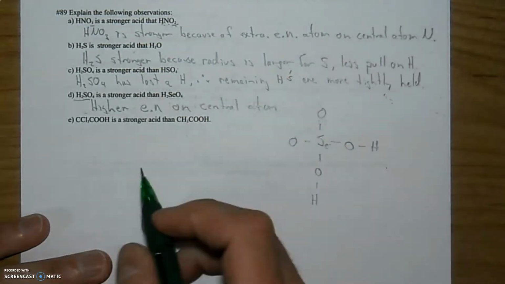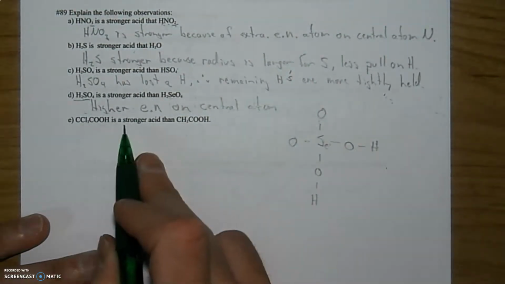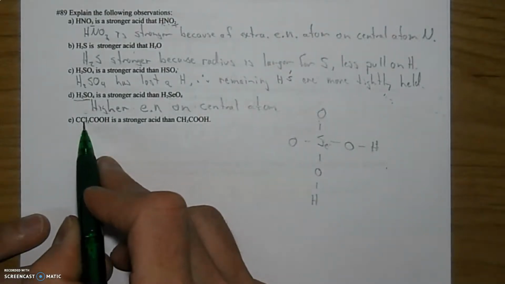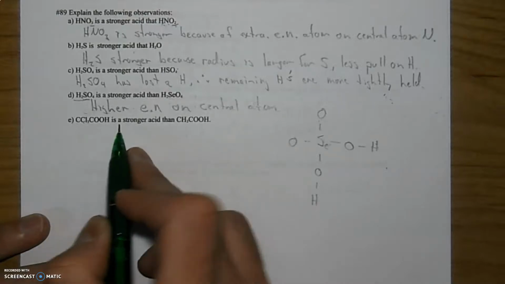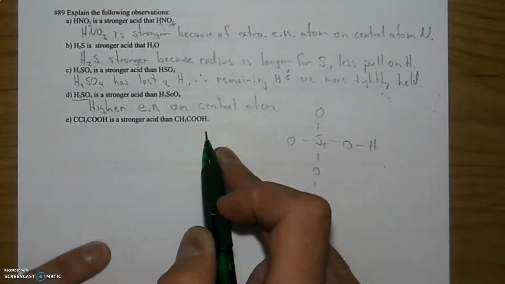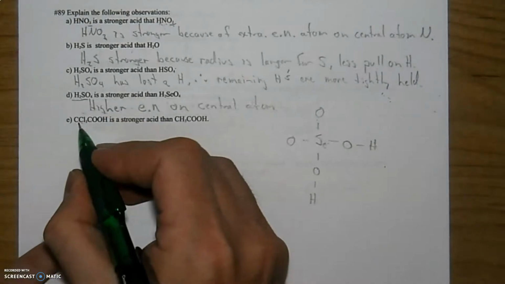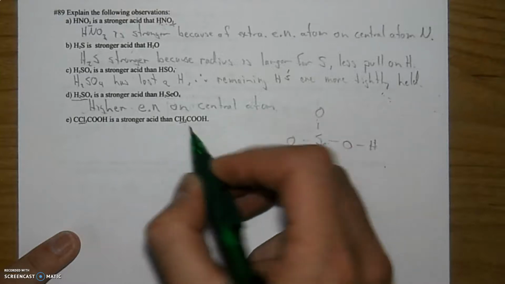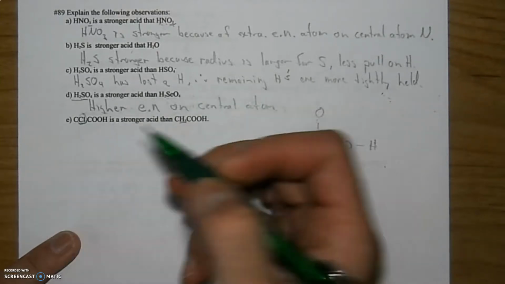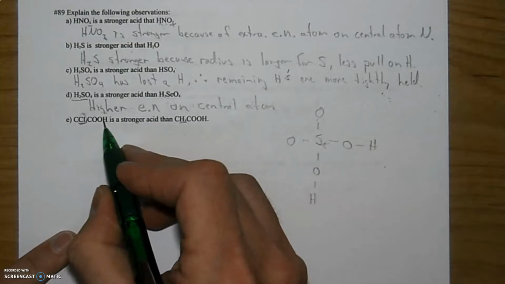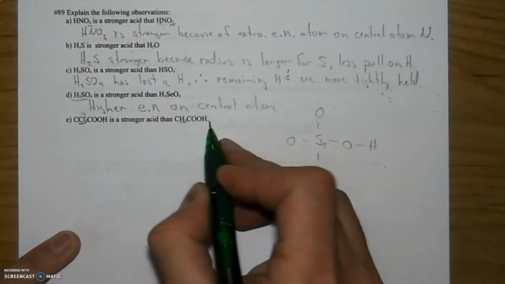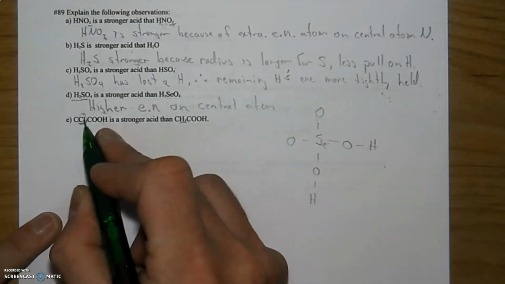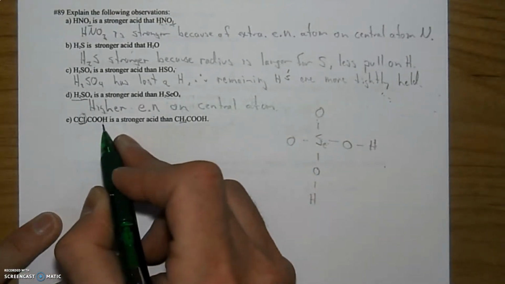Okay, the last one on here, we can see right here that the one on the left, trichloroacetate, maybe, is a stronger acid. Because as we add in chlorines in comparison to having hydrogens, again, these are very electronegative, and they are going to affect the connection between this hydrogen and oxygen. It's the same either way, so you may not directly understand that, but having more electronegative atoms in the compound is going to make this connection weaker.